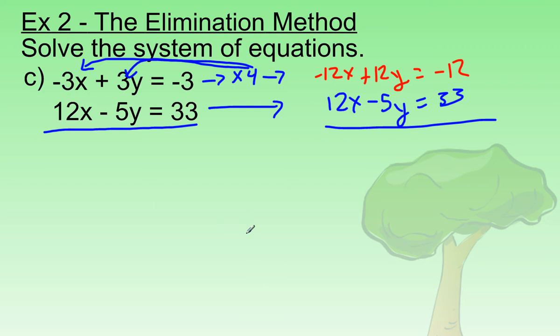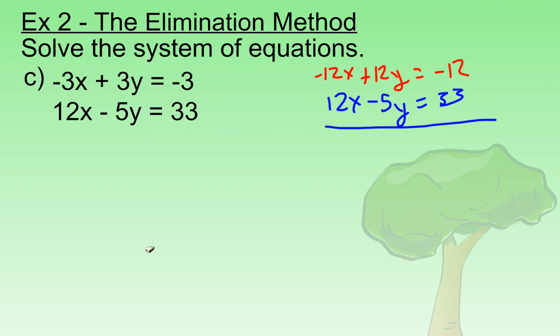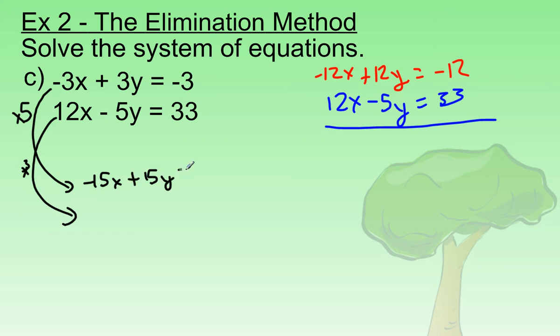Now, before I go through and do this, as a side note, you might be thinking, wait, Mr. Henry, does that mean I could have taken this bottom equation and multiplied by 3 and the top equation and multiplied by 5? If I do that, negative 15x plus 15y equals negative 15, and 36x minus 15y equals 99.